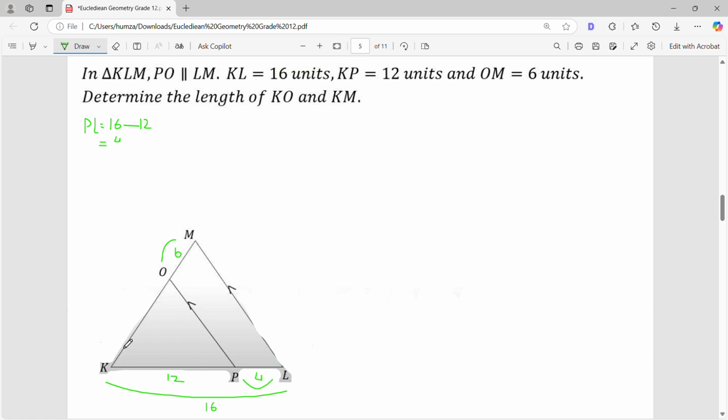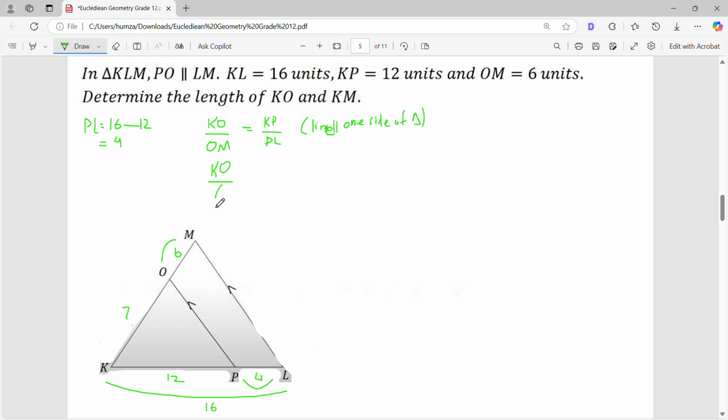Now we can say that KO over OM is equal to KP over PL. And why we said that? Because lines are parallel to one side of the triangle. We are looking to find the value of KO, the missing value.